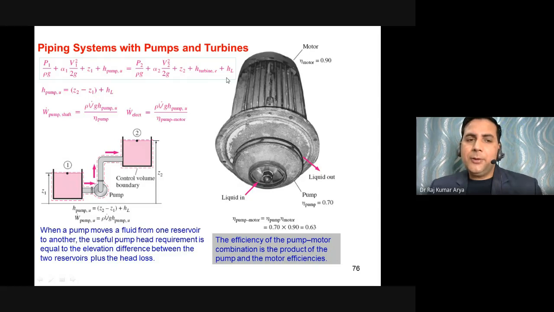Suppose now you see the point 1 and point 2. Please try to listen carefully, because this is the basic concept that you have designed the pipeline. Point 1 and 2 are the surfaces of your large reservoir. So there would not be any velocity change at surface 1 and surface 2 if these are the surfaces of a large reservoir.